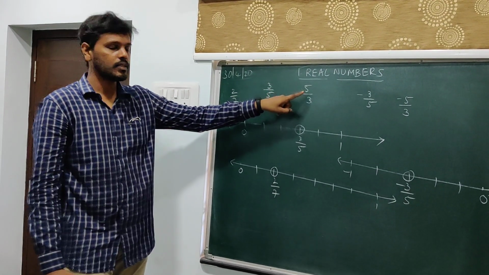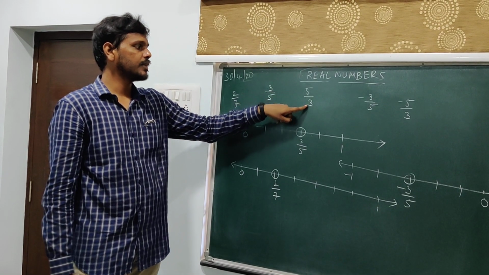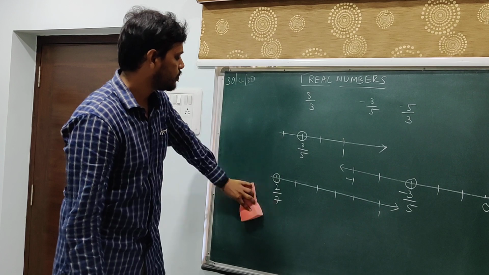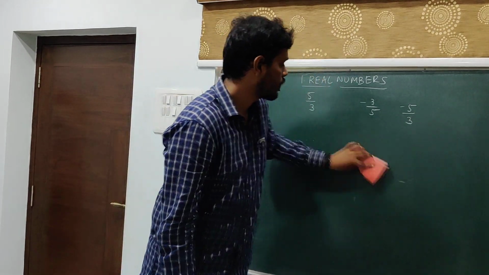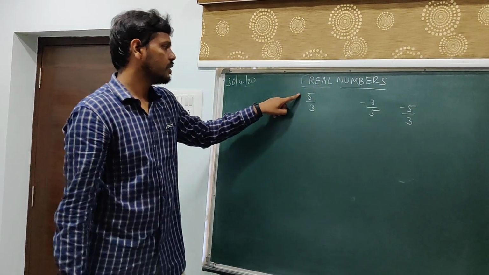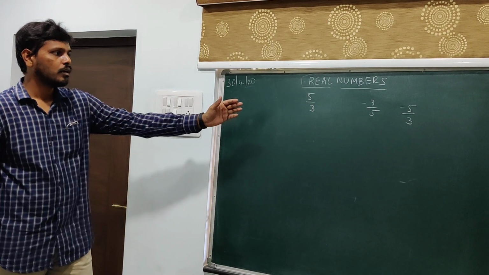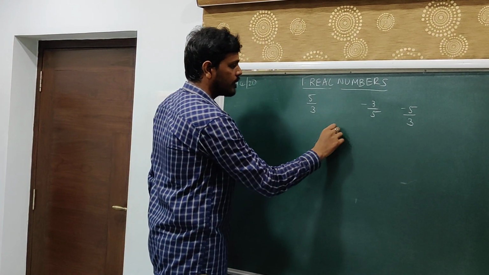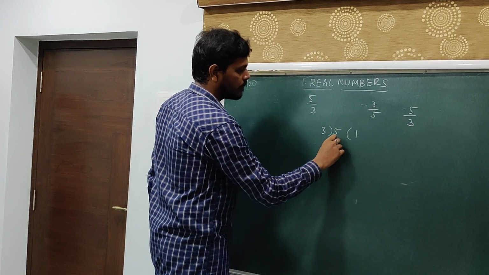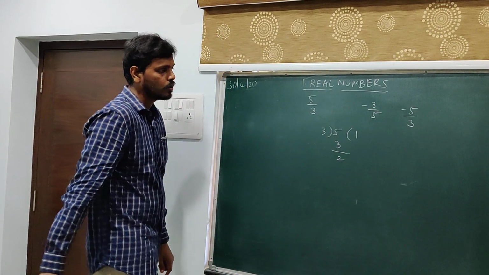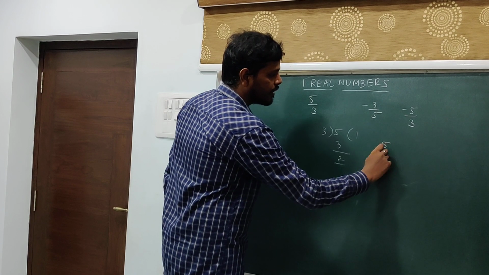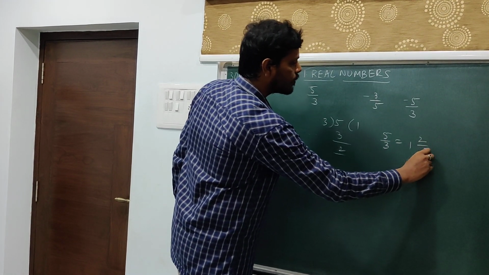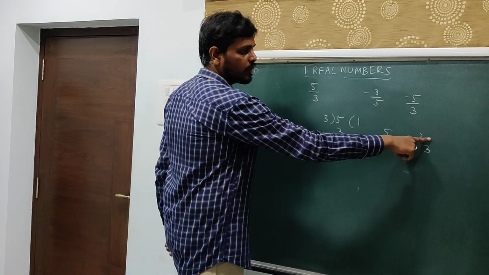Now we move on to the last case, where the numerator is greater than the denominator. When the numerator is greater than the denominator, we write that in mixed fraction. So 5 divided by 3: 3 ones are 3, we are left over with 2. Therefore you can write 5 by 3 as 1, 2 by 3. That is 3 ones are 3, 3 plus 2 is 5.